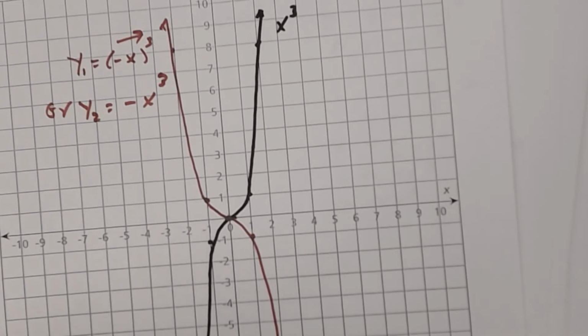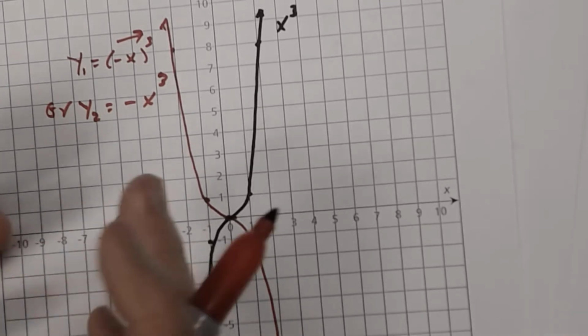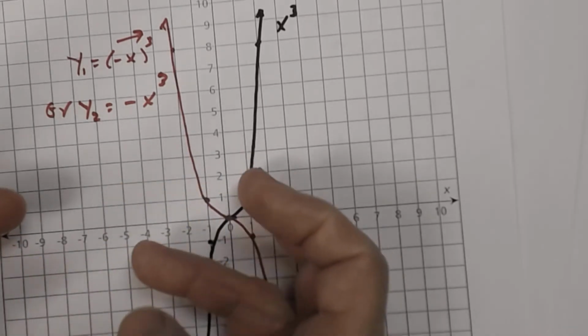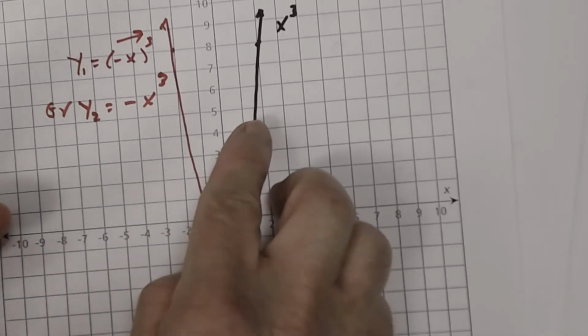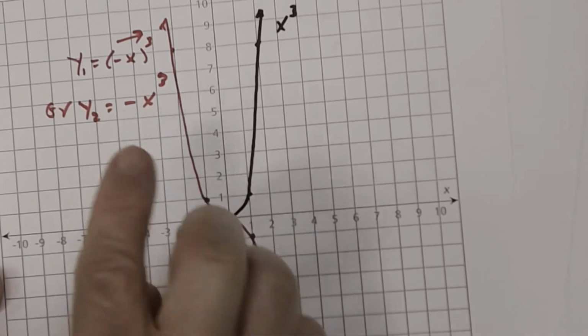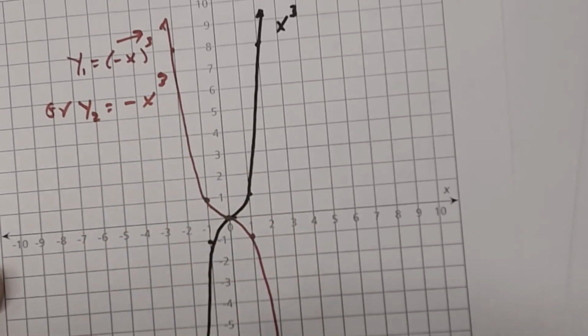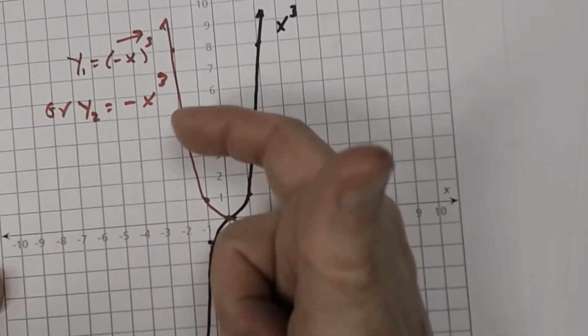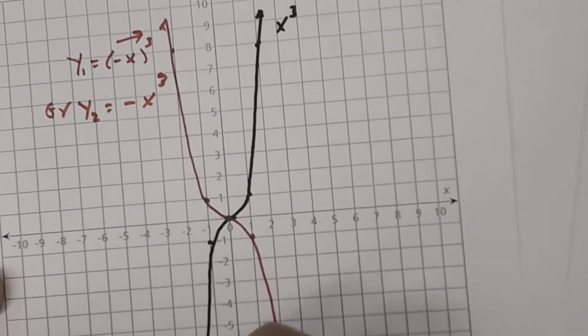It sure does. So what that tells us is this, that taking x cubed and reflecting about the y-axis is the same thing as taking x cubed and reflecting it about the x-axis. All right, those are the same thing.